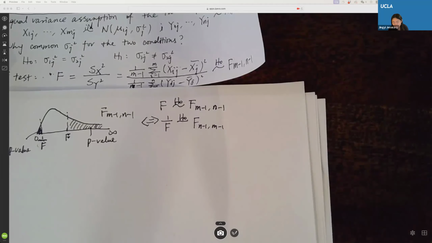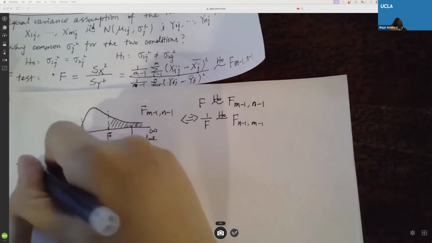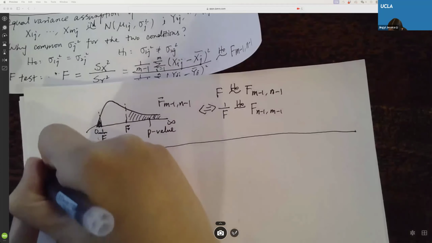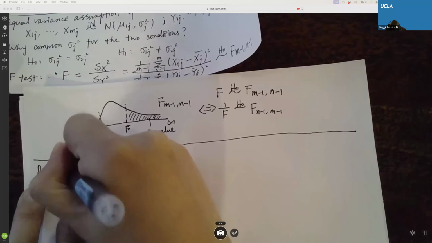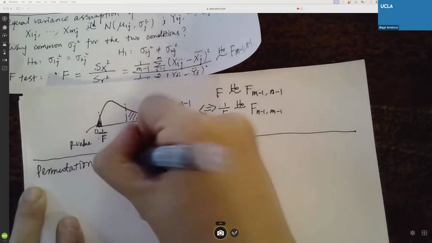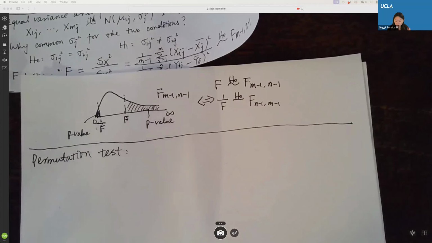So finally, I want to say that there is a very general approach if you have enough computation power, which is permutation test. So the permutation test idea is that we don't need to mathematically derive the null distribution for our test statistic.